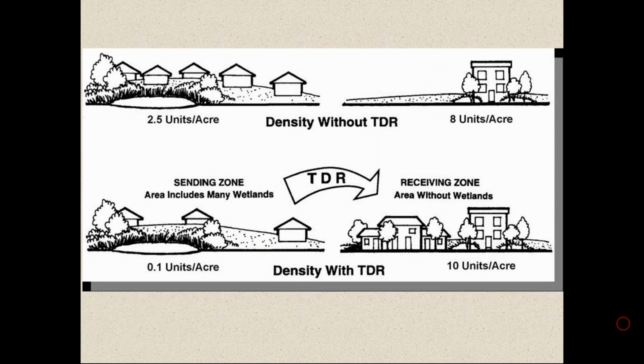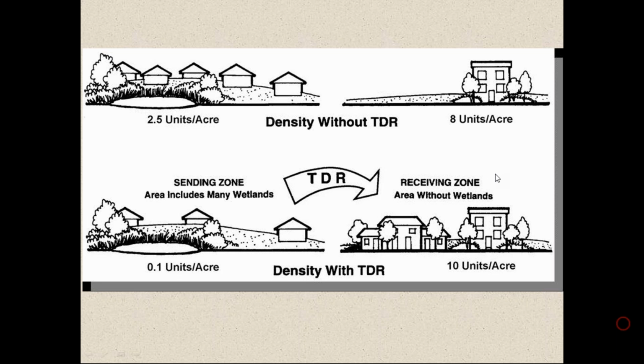So this is a slide on transfer of development rights, where the agricultural or environmental land is what they call the sending zone, and any density or development rights associated with it is transferred to the more urban area where it's appropriate to have densities and intensities.